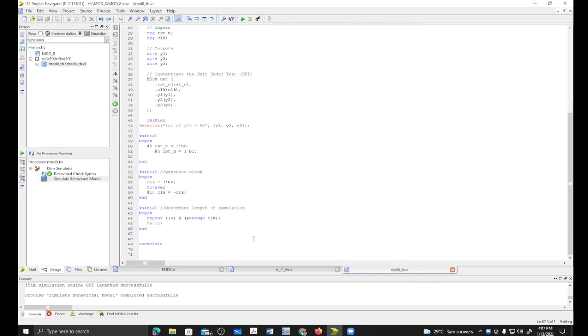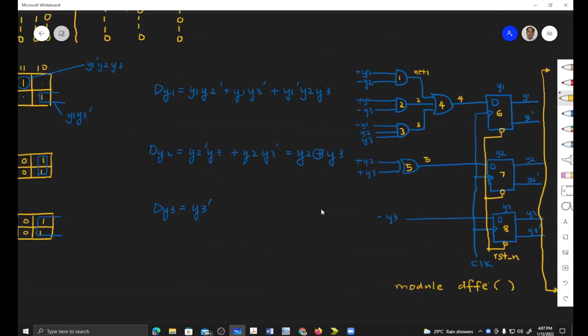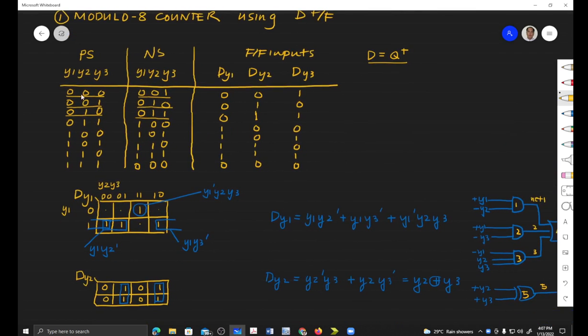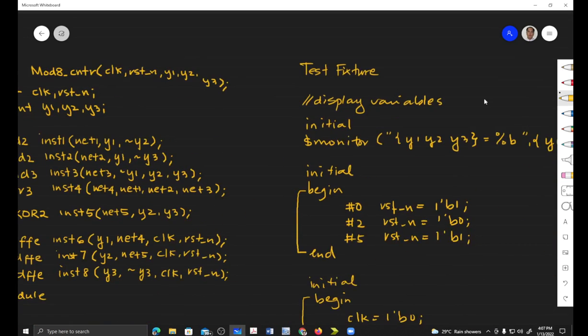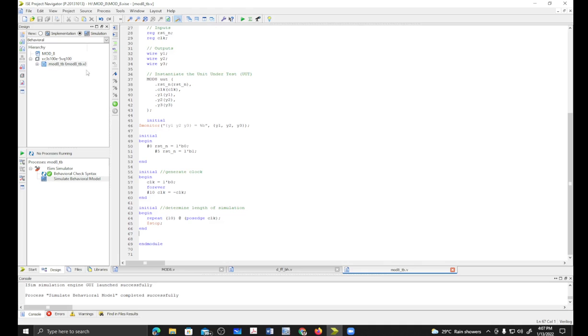Our objective is to produce a mod 8 counter that counts from 0, 1, 2, 3, and so on. Then we simulate using Xilinx. So here I have my simulation, and I run it again.